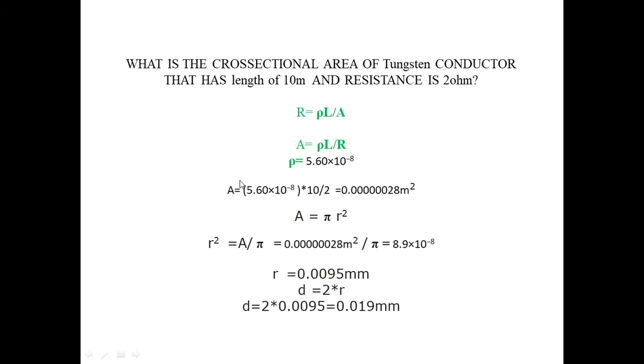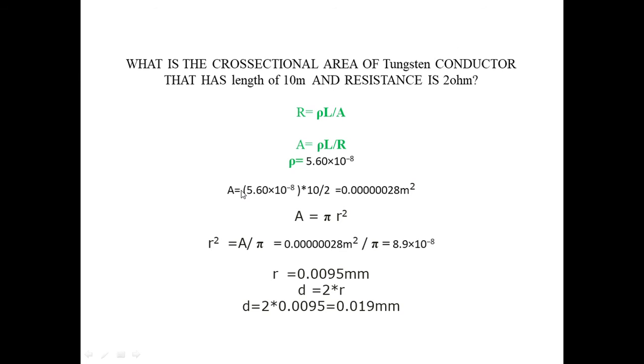So here the cross-sectional area is equal to 5.6 times 10 to the minus 8, times the length of cable 10 meter, divided by the resistance of 2 ohm.